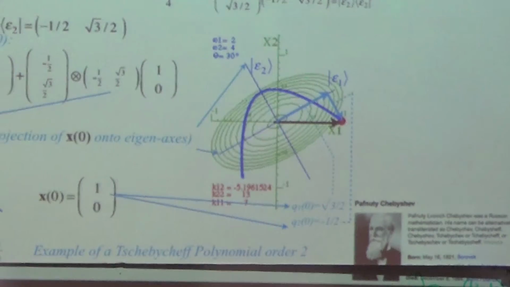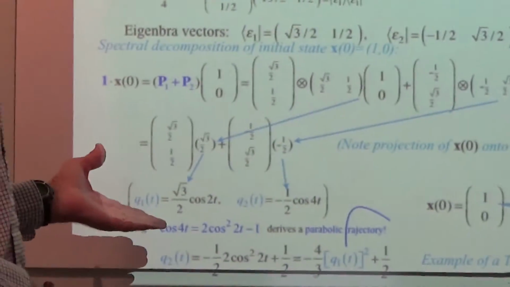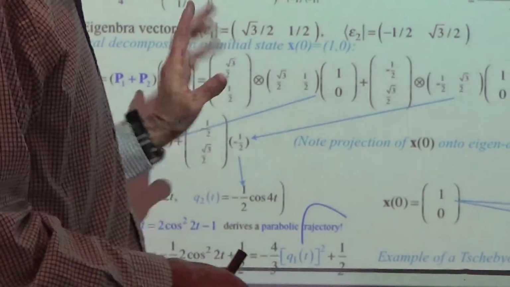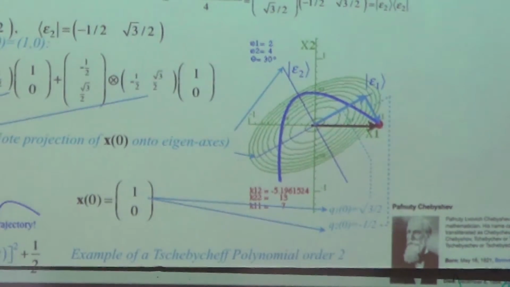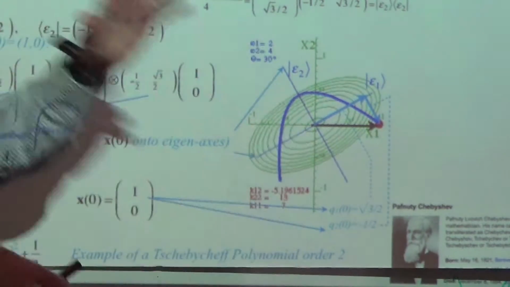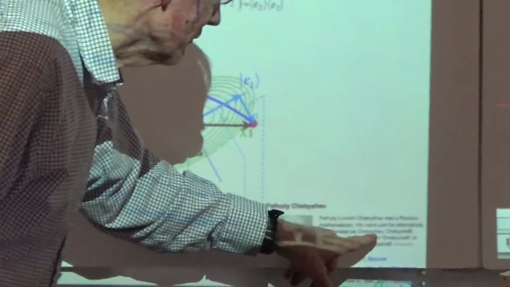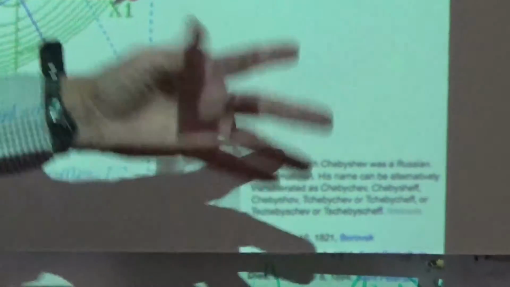And this is really cool. Here's a bunch of sines and cosines, well, cosines and cosine with a phase, that's making a parabola, a perfect parabola. It's not a catenary or anything fancy like that. It's a parabola. It's the first non-trivial Chebyshev polynomial. Here's Mr. Chebyshev, and they say you can call him Chebyshev, Chebyshev, and on and on.